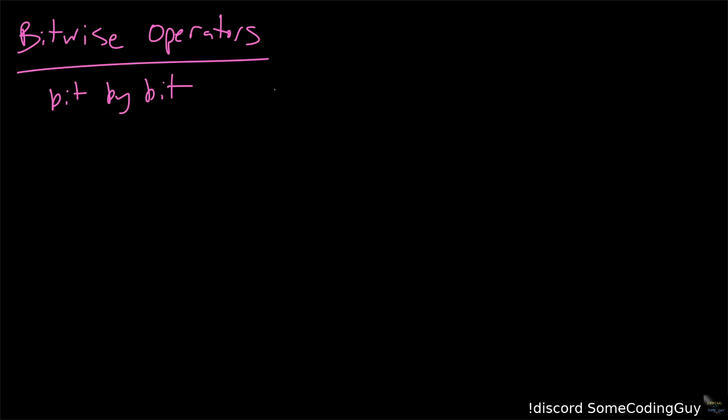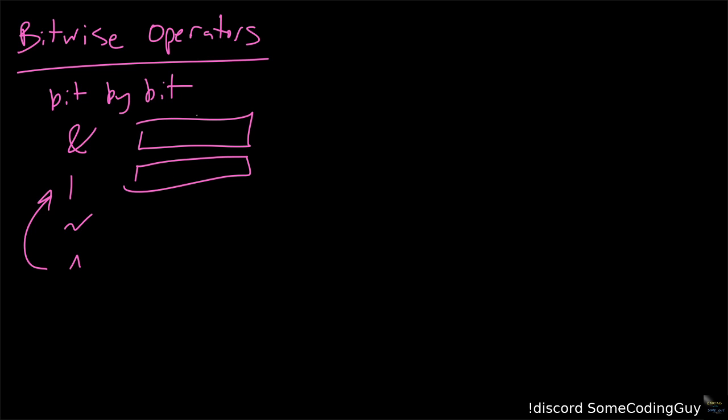And they were the same as the conditional versions of them, in the sense that there was an and, there was an or, there was a not, and there was an XOR, which was the exclusive version of that. This just basically did it on a bit by bit basis. So if you had two bit patterns in memory, you could piece by piece do these logical operators and determine their result.